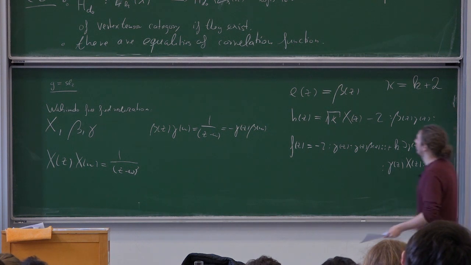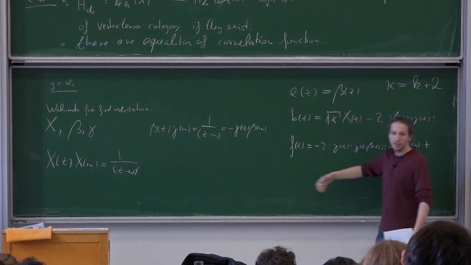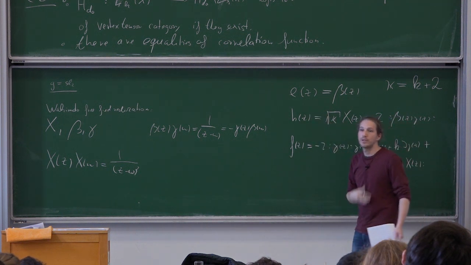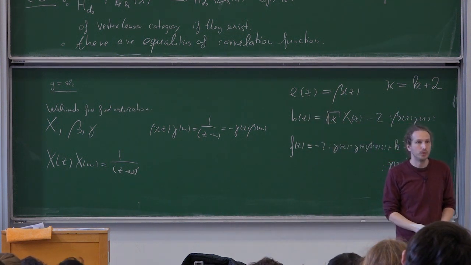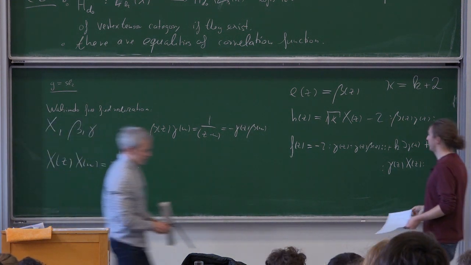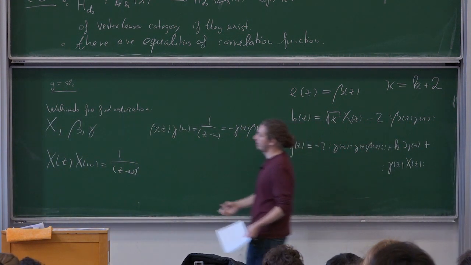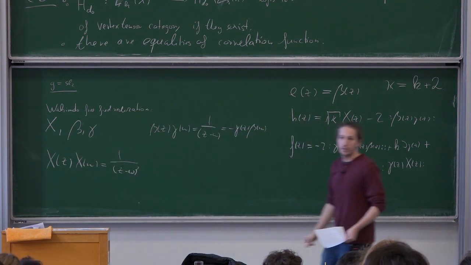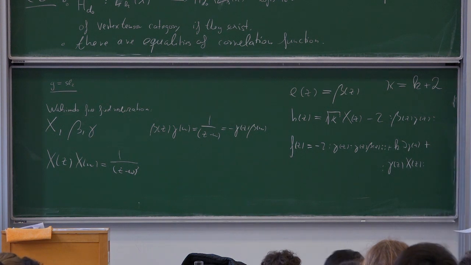This is a computation, probably a good exercise actually, that the OPEs of these three fields are precisely the OPEs of SL2 at level k. And so one says this gives a free field realization of SL2 at level k inside this free field algebra of a free boson and a system of beta gammas.